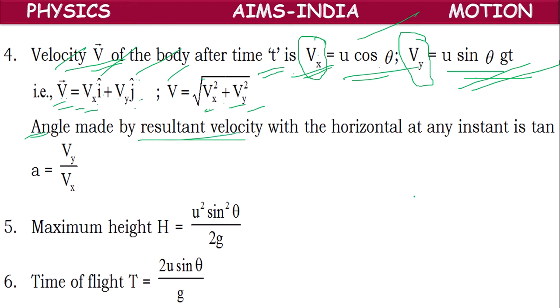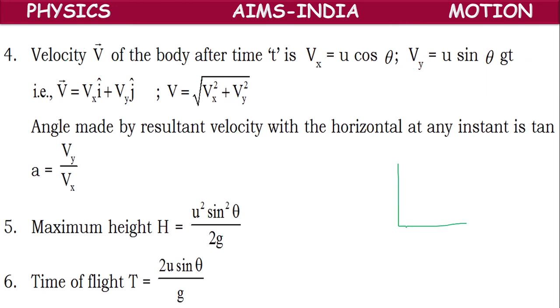Now the angle made by the resultant velocity with the horizontal at any instant. Suppose at any instant at this point, this is the horizontal direction and this is the vertical direction, this is the velocity in the horizontal direction vx, and this is the velocity in the vertical direction vy.